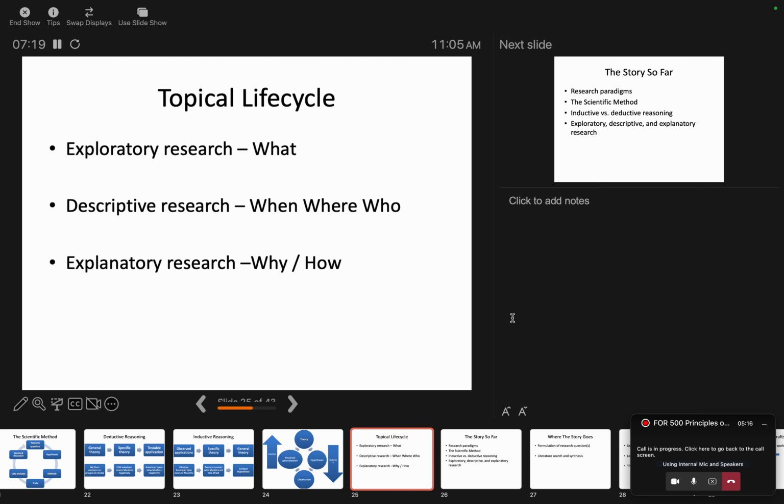Versus at the far end of the spectrum, where we know a lot more about a phenomenon, we call that explanatory research. We're doing very carefully controlled lab tests using positive controls, negative controls, controlling for placebo and nocebo effects. We're testing multiple different kinds of treatments in parallel and multiple different levels or intensities of treatment within each of those parallel treatments.